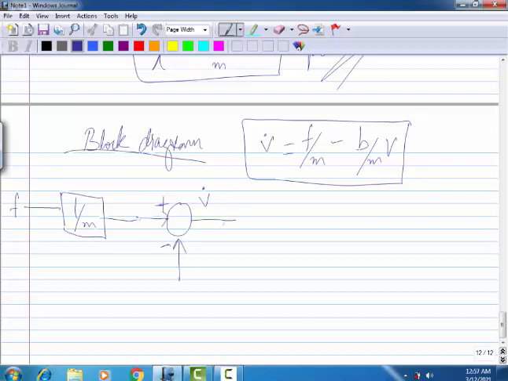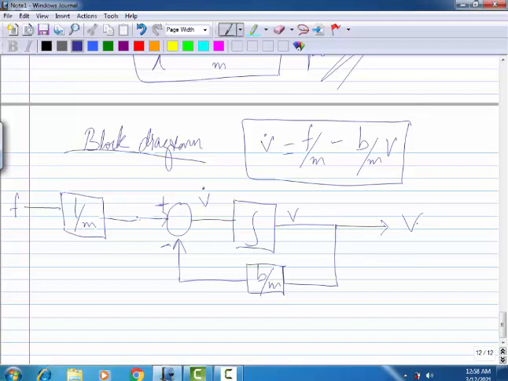We need to integrate it. So we do an integration, and it becomes V. Now to complete the equation, I need b over m, so I put a block here and write b by m. When it's multiplied and subtracted, this will give me V dot. And this is the velocity we are getting.